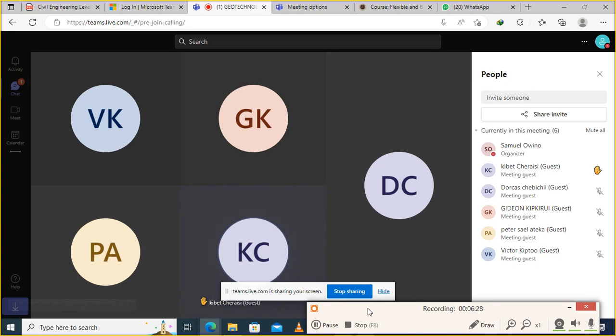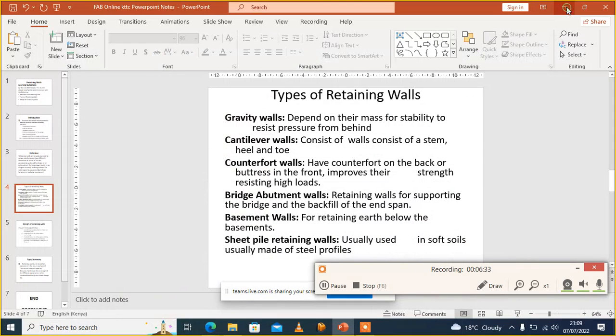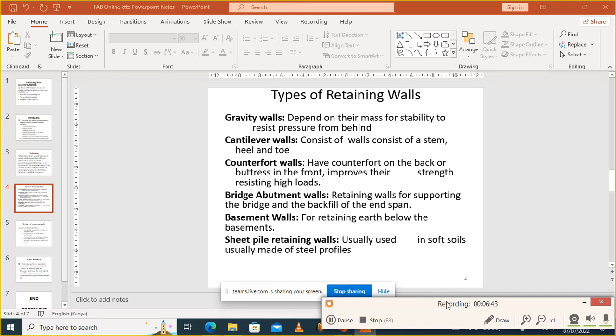The first type is the gravity walls, which depend on their mass for stability. It means that if you are building them, we need to use materials with a very high weight, very heavy materials.